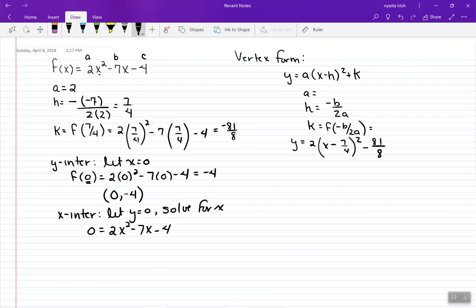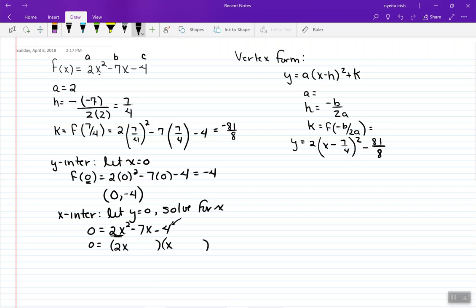I can either use the quadratic formula or I can try to factor it. This one you can factor. You write down two sets of parentheses to get 2x squared. We're doing backwards FOIL here. 2x times x is 2x squared. The last number has to be negative 4, so the signs have to be opposite, one plus, one minus.